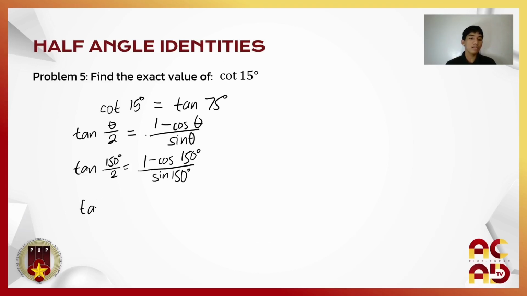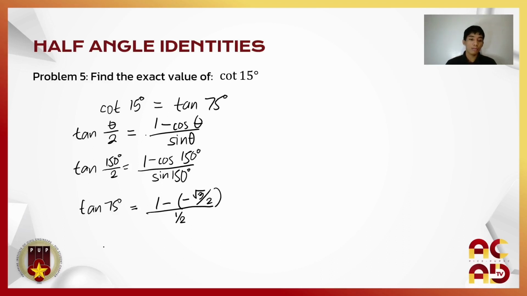So, ang tan 75 degrees natin ay equal siya sa 1 minus, ano ba yung cosine 150 degrees? So, ang value ng cosine 150 degrees is negative square root of 3 over 2. And then, yung sine 150 degrees, that is just equal to 1/2.